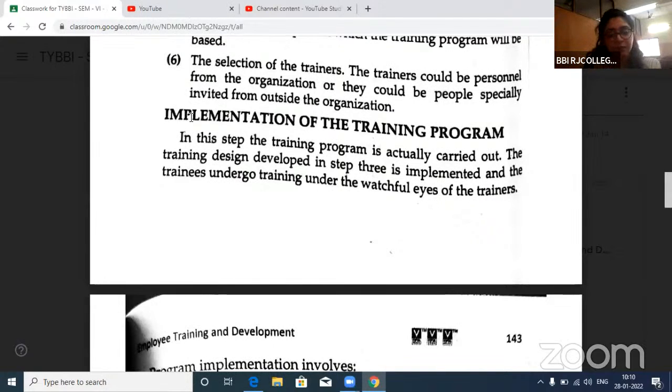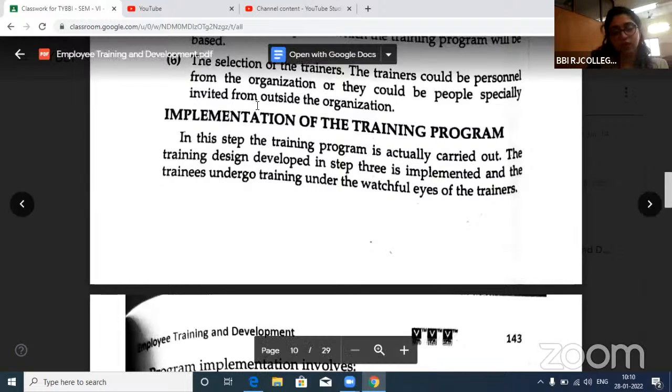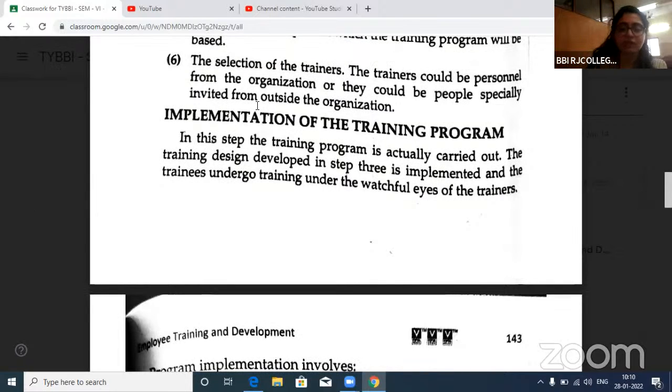Actually implementation karna hai. Actually usko abhi action mein lana hai. Whatever program you decided, whatever procedure is there, methods, techniques, timings, and place, whatever was decided, you will implement. So in this step, the training program is actually carried out.